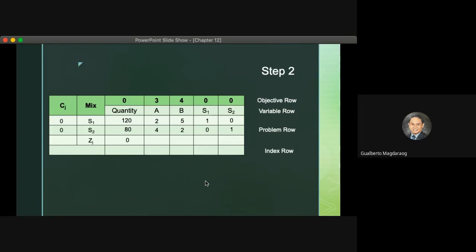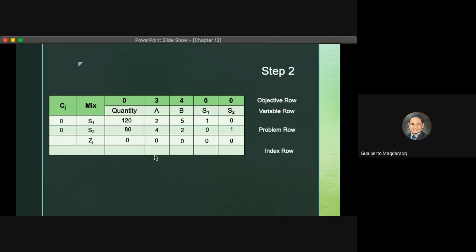That is the sum of 0 times 120 and 0 times 80 equals 0. And then, let's compute for the remaining column first. So 0 times 2 and 0 times 4 is 0. So therefore, everything is 0. Okay?